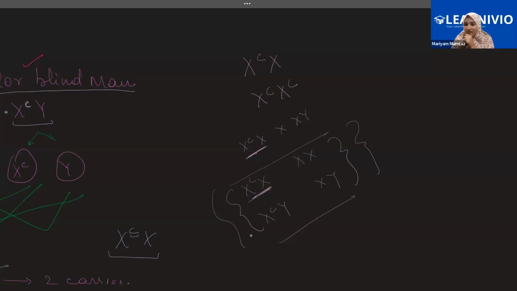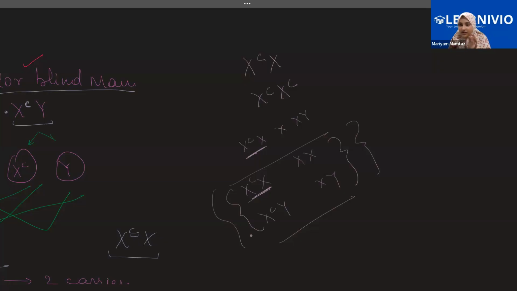Now you understand what I'm trying to say. You said that 2 of the children will be colorblind and 2 of them will be normal. My question is, look at it again and tell me how many of them will be colorblind. Two. 2 of them will be colorblind.